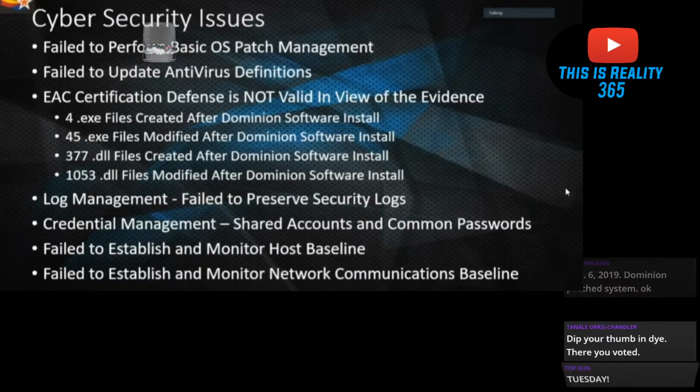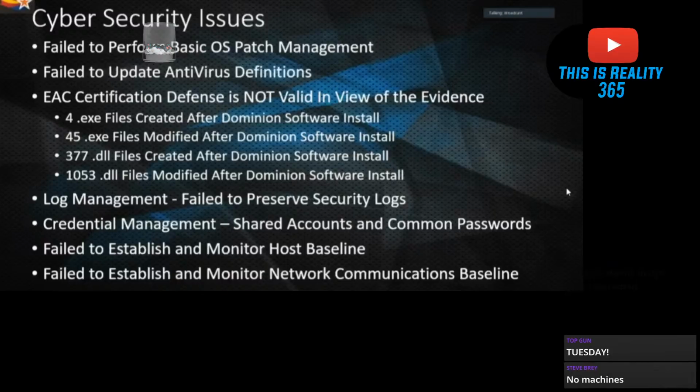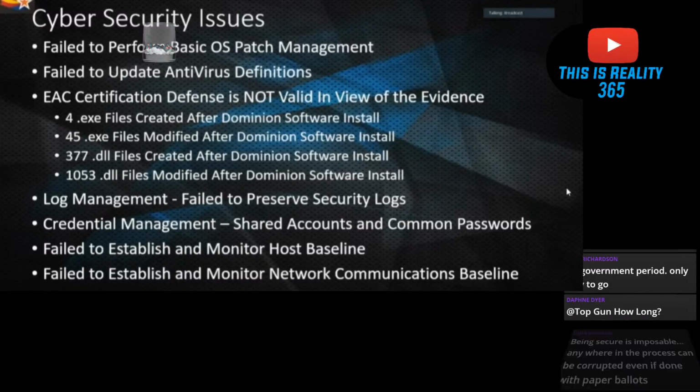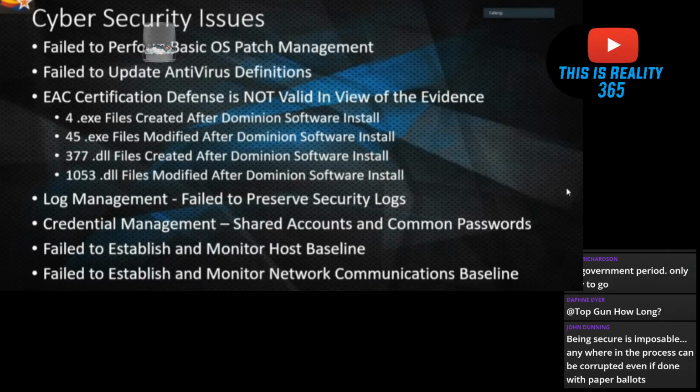Now, Maricopa County did release a statement saying that if they had patched the operating system or updated the antivirus, that would have invalidated the EAC certification for the voting system itself.